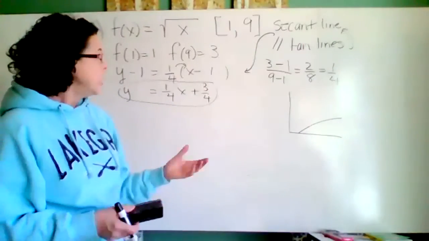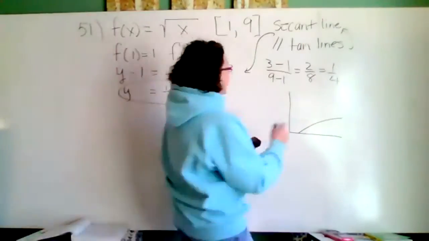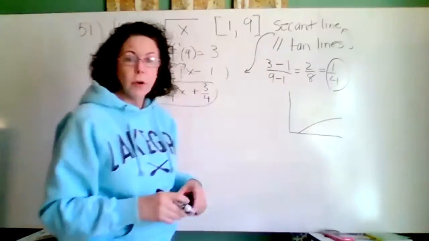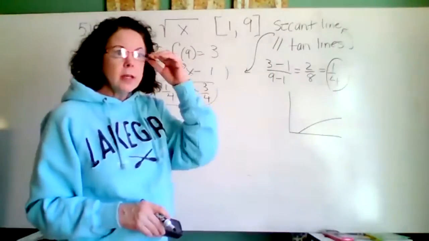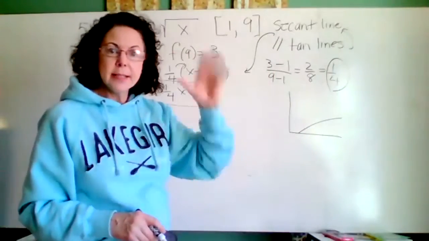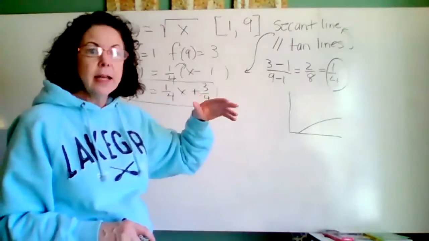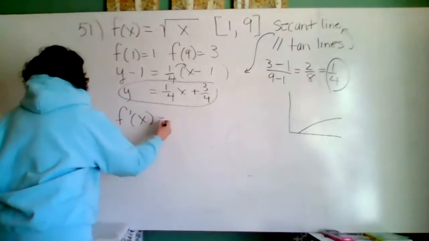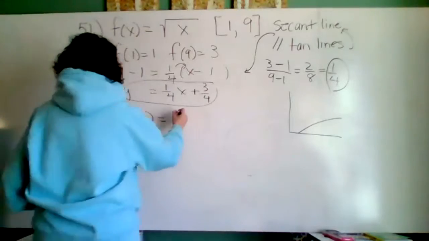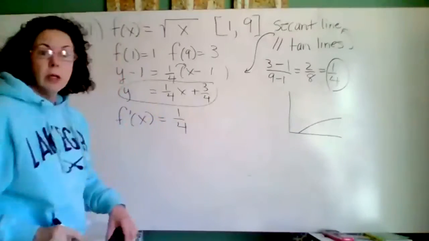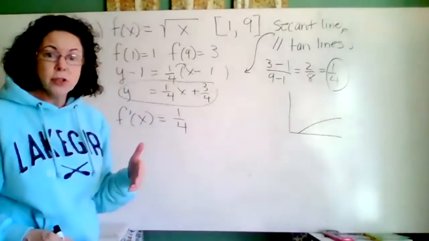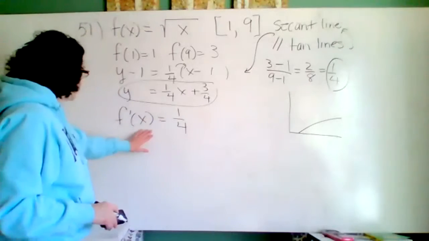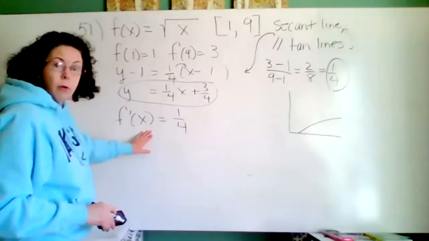The average rate of change over the interval from 1 to 9 was 1/4. We found that. And what the mean value theorem says is if we meet all the conditions that we did, there is some point where the derivative is actually equal to the slope of that secant line, the average rate of change. So this is what I'm going to use right now.